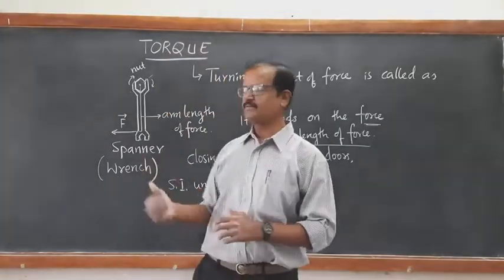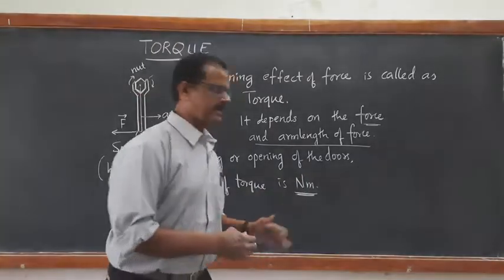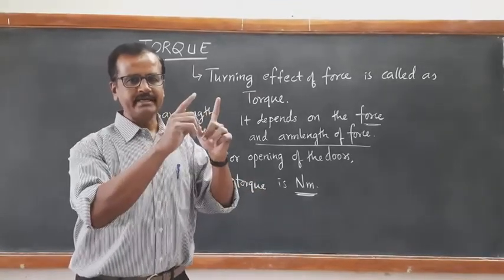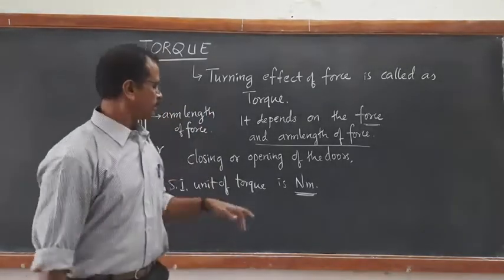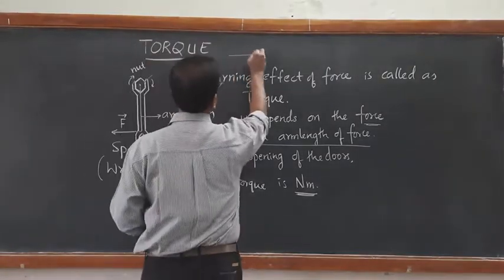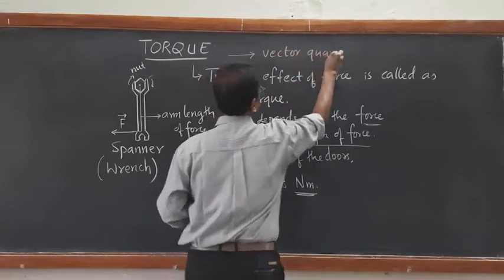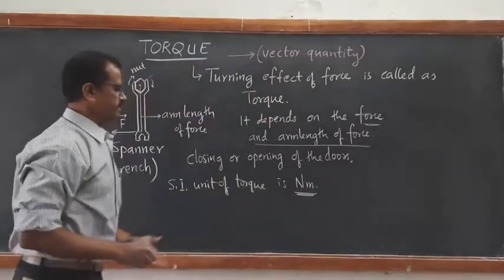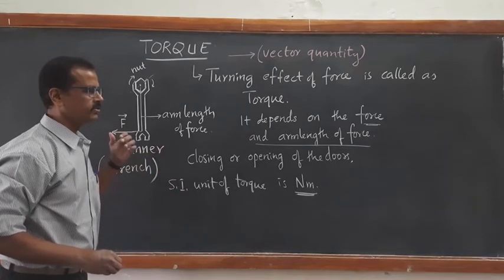So this is another physical quantity which has the same SI unit as work done, Newton meter, but work done is a scalar quantity, torque is a vector quantity. Although they have the same SI units, torque is a different quantity and work done is a different quantity. What is work done?